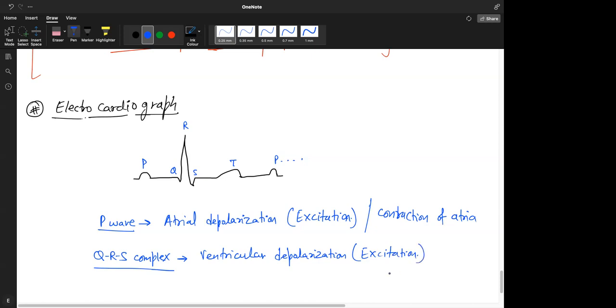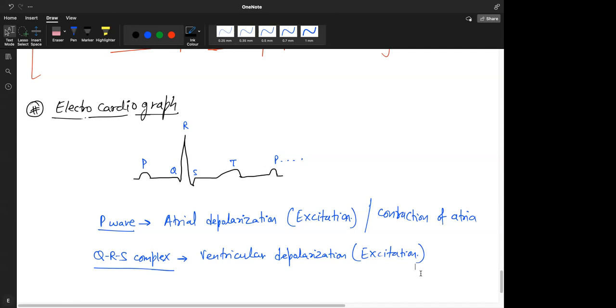Excitation of ventricles, which means that the current that was produced by the SA node has successfully been transferred to the AV node and is successfully moving through the bundle of His to every corner of the ventricle. This is what it tells.